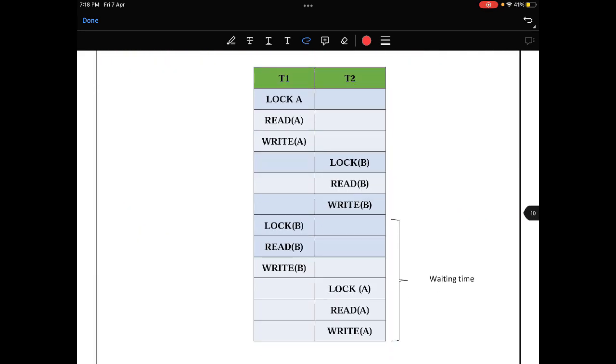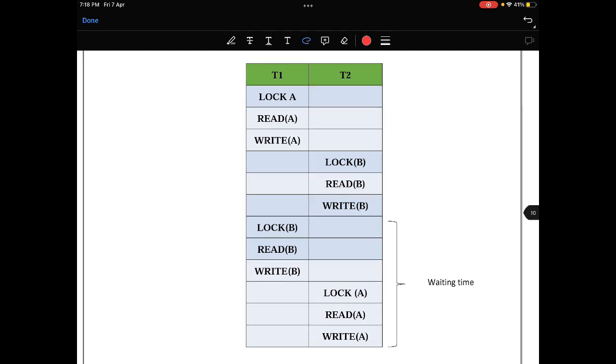Well, this example can be explained by this transaction. See, T1, T2. T1 is using A, so it will lock it. It has to read and write. Now it wants to write on B. For that it has to lock it. But only one transaction can lock at a time, and this lock was already taken by T2.